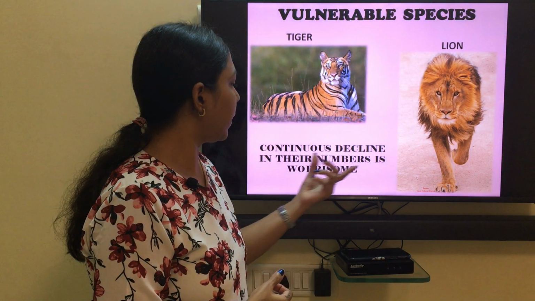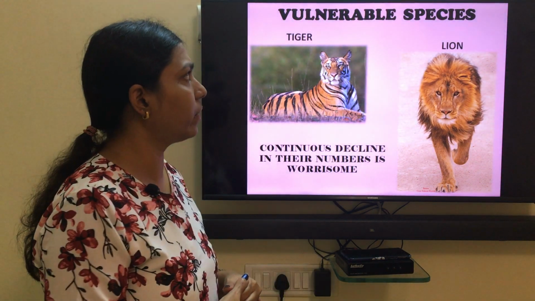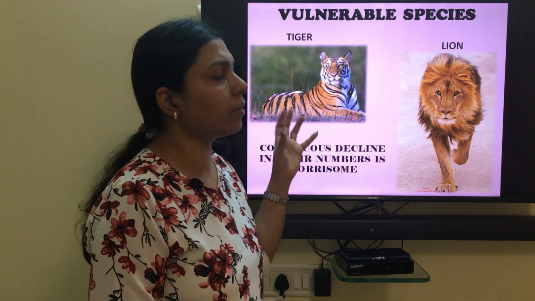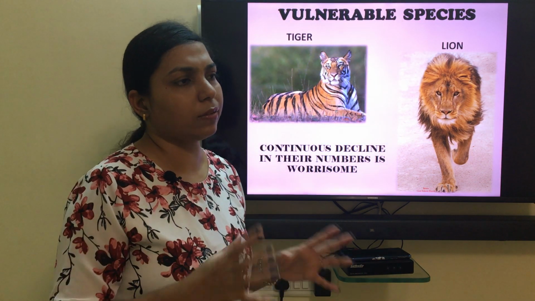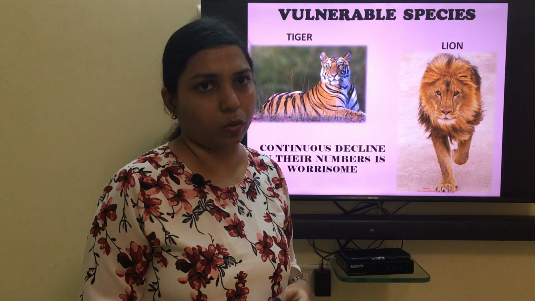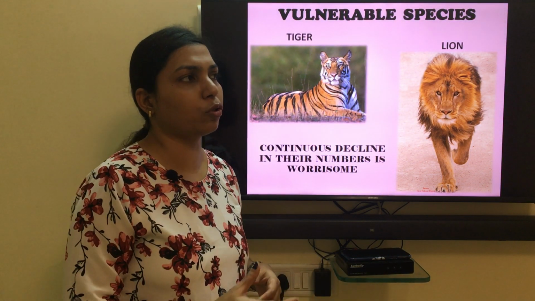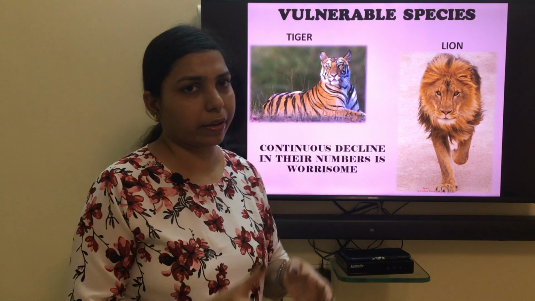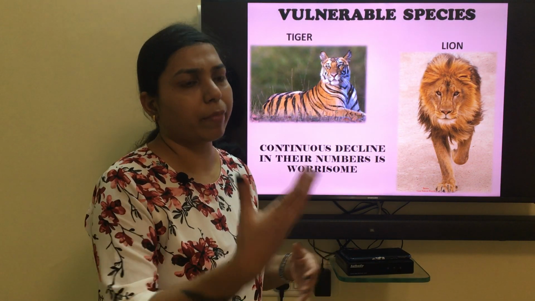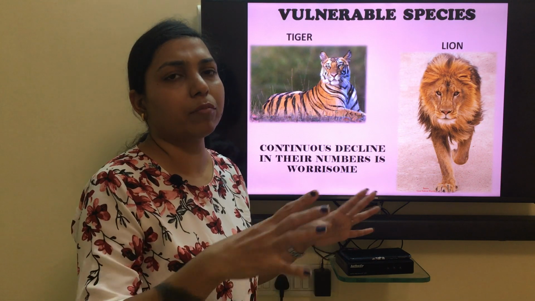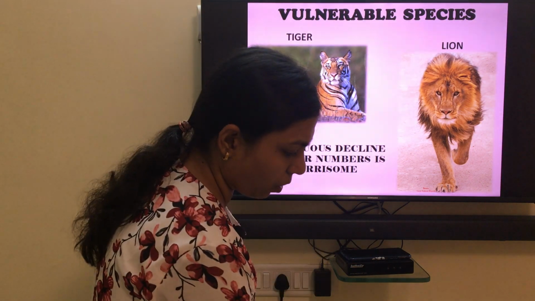There is a continuous decline in their numbers, which is worrisome. Now, these are also on the point of extinction, but we cannot say that they will be extinct very soon. Okay, but we have to make sure that these animals are taken care of, they are not hunted down, so that they can go ahead and multiply and reproduce, and the numbers will increase.